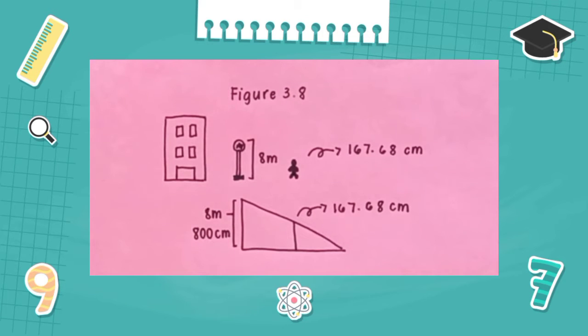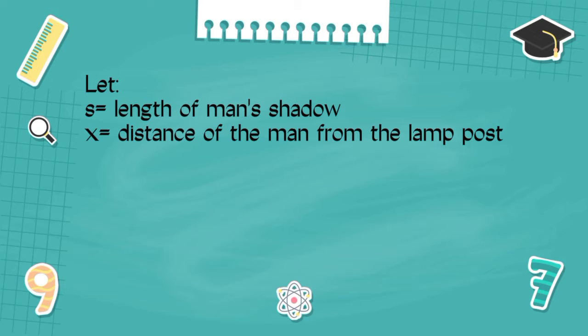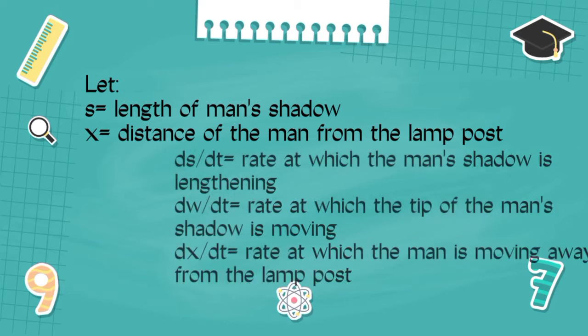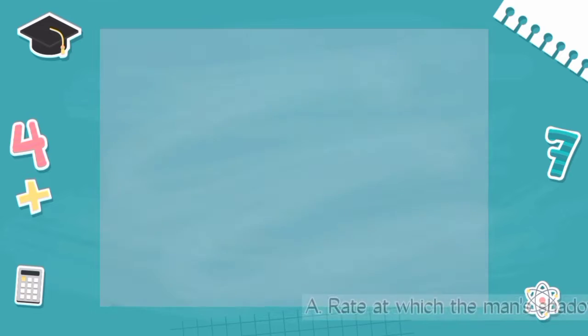So we have the figure there, and so let S be the length of the man's shadow, X be the distance of the man from the lamppost, ds over dt is the rate at which the man's shadow is lengthening, dW over dt is the rate at which the tip of the man's shadow is moving, and dx over dt is the rate at which the man is moving directly away from the lamppost.